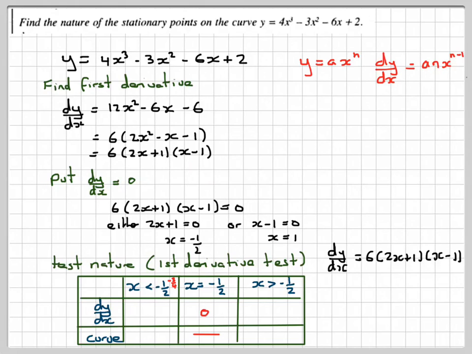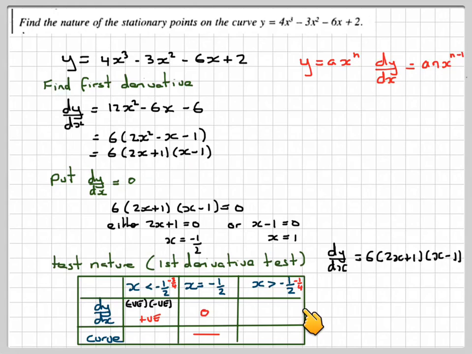When x is just less than minus a half, let's take minus 3/4 and substitute it into here. We're going to get a negative. The bracket will be negative because it would be minus 6 over 4 plus 1, which is negative. Then we get minus 3 over 4 minus 1, which is also negative. A negative times a negative gives me a positive.